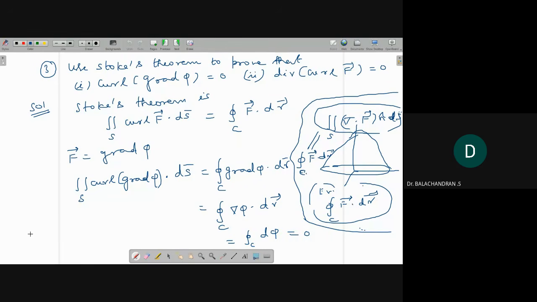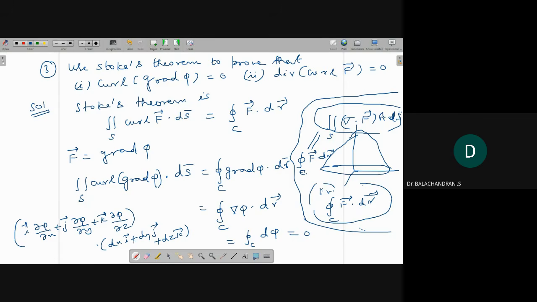Del phi is i vector into dou phi by dou x plus j vector into dou phi by dou y plus k vector into dou phi by dou z. Dot dr vector is dx into i vector plus dy into j vector plus dz into k vector.